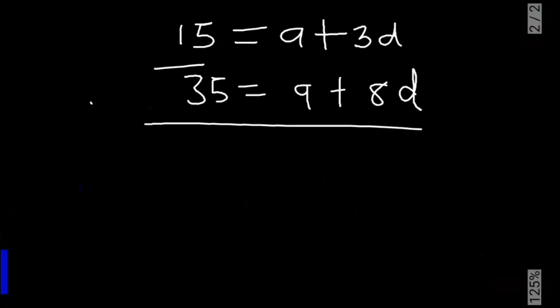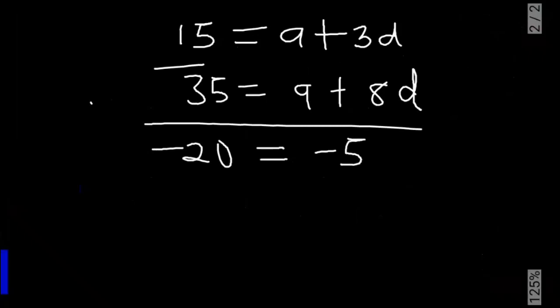So 15 minus 35 is minus 20. A minus a is 0, so a is eliminated. 3 minus 8 is minus 5d.